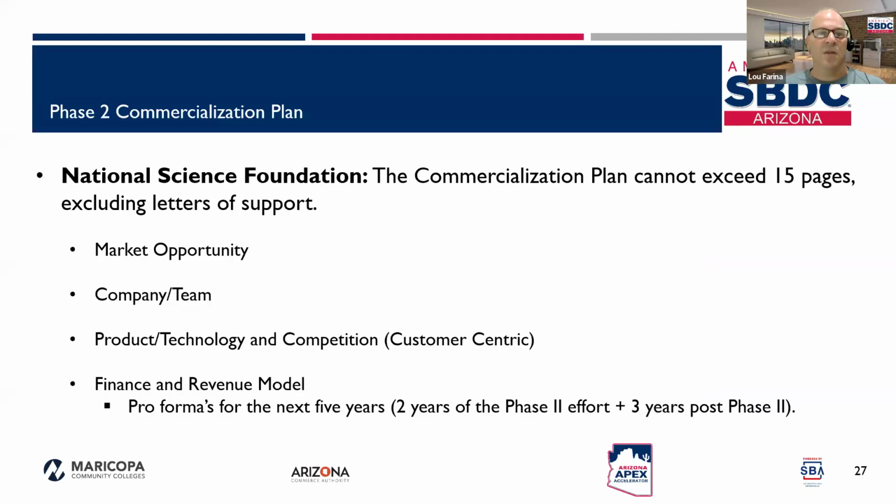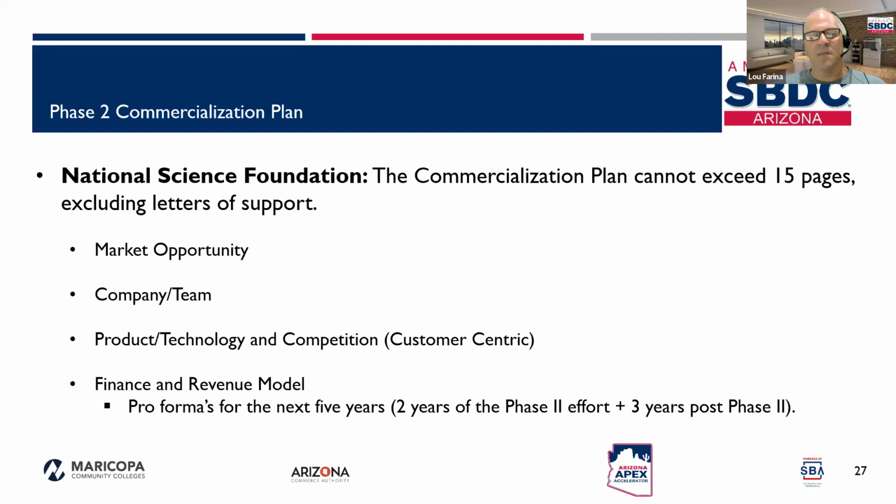So in a phase two, the commercialization plan for NSF can't exceed 15 pages, and is just kind of prescriptive. But if you go in the solicitation, there's more: market, company, team, product, technology, and competition. And then phase one, typically for NSF, you don't have to do a revenue forecast. I wouldn't, honestly. I don't think it adds any credibility at that point because you're so early typically.